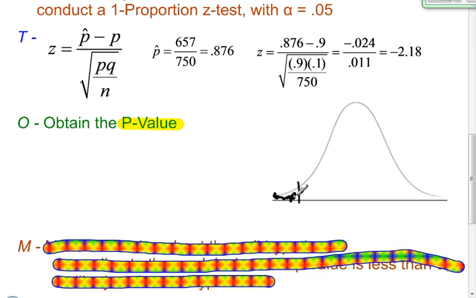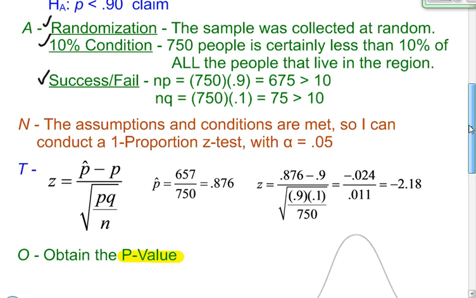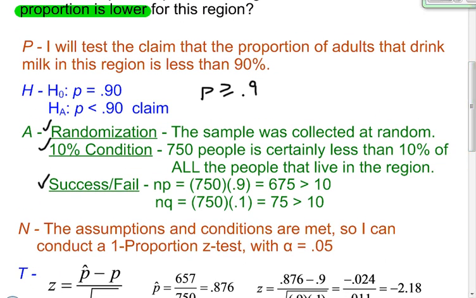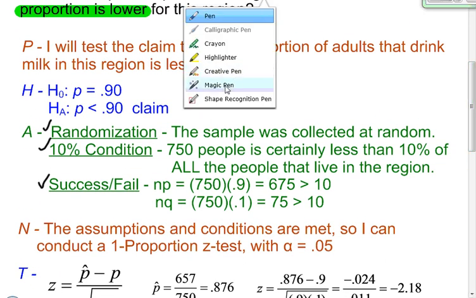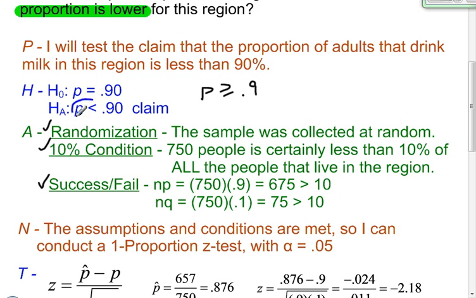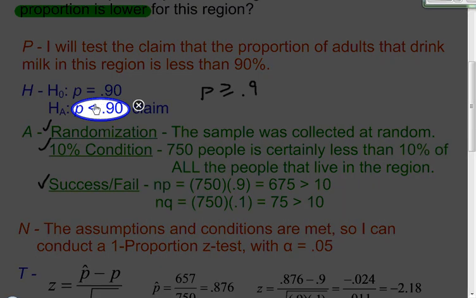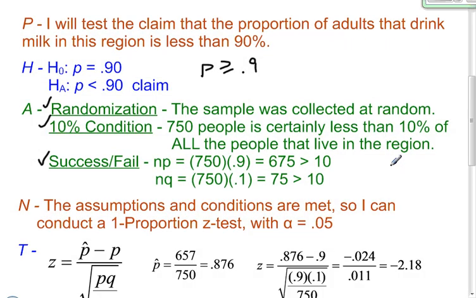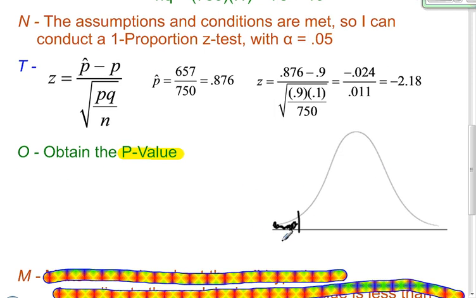I know that this is a left-tailed test because of the way that I set up my null and alternative hypotheses. Whenever you have an alternative hypothesis that says less than, the less than symbol in your alternative hypothesis lets you know that this is a left-tailed test.